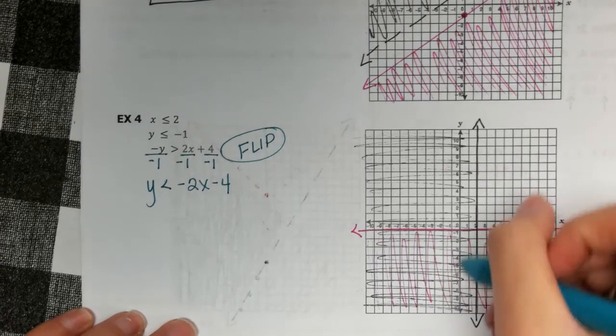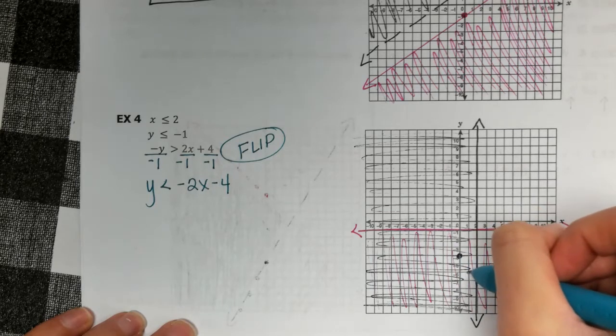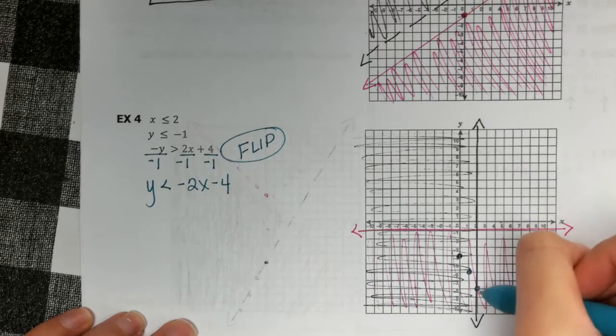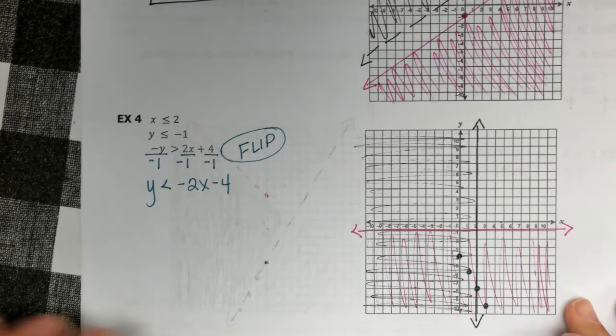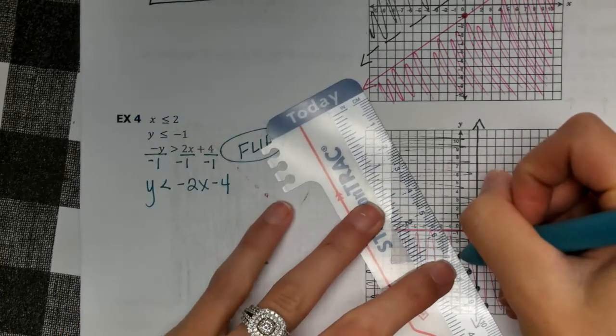So now I'm going to have my y-intercept at -4. I'm going to go down 2, to the right 1. And this one is going to be a dashed line because it's not equal to.